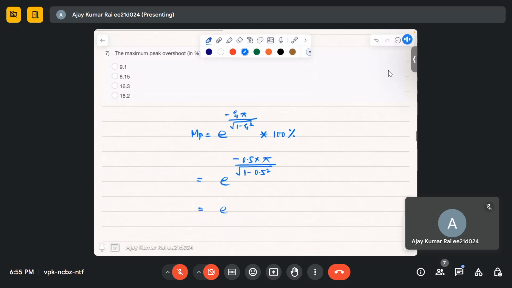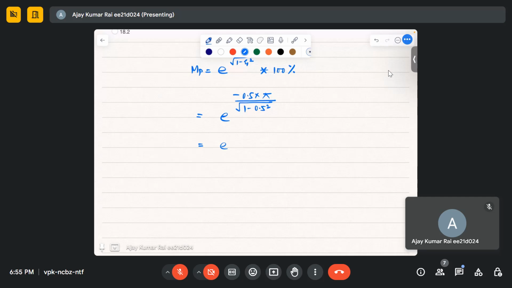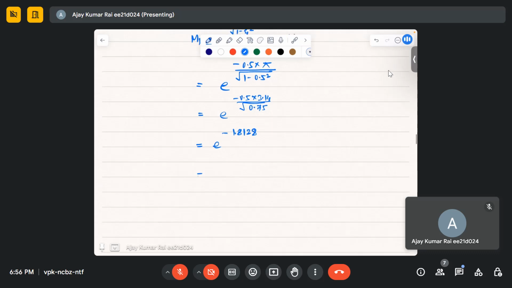In the chat box you can write whether this formula is correct or not. 1 minus 0.25 is 0.75. So 0.5 into 3.14 by root of 0.75 gives 1.8128. Can you confirm?